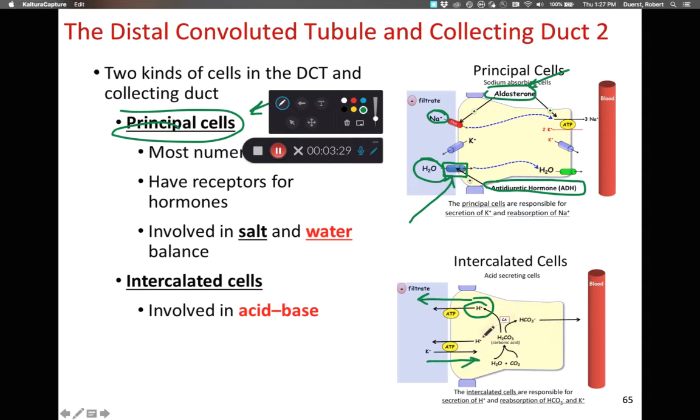As these intercalated cells release the hydrogen ions into the filtrate, the negative anion that compensates for the loss of the positive will be dumped into the blood. So these cells will add hydrogen to the filtrate and bicarbonate to the blood in an attempt to help regulate acid-base balance.